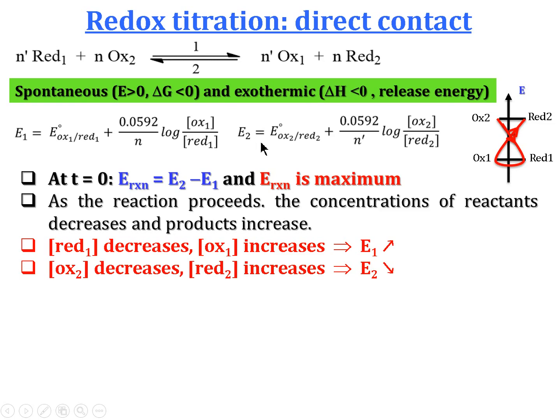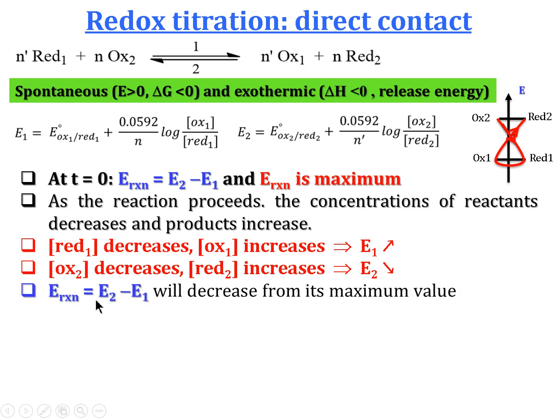And the concentration of Ox2 will decrease while that of Red2 will increase, so E2, which equals E02 plus 0.0592 over n prime log Ox over Red, will decrease. That means E of the reaction is maximum at t equals 0.